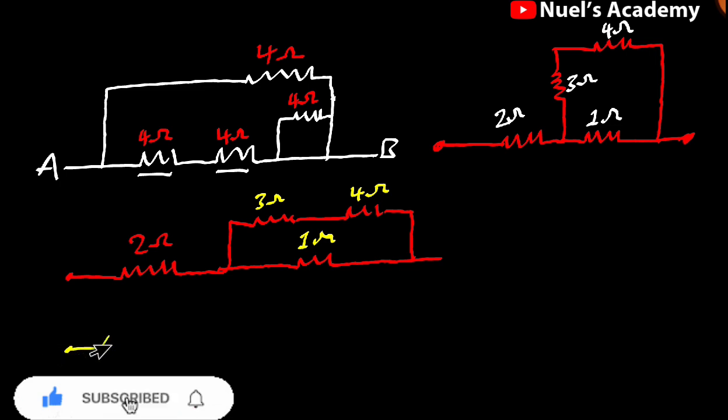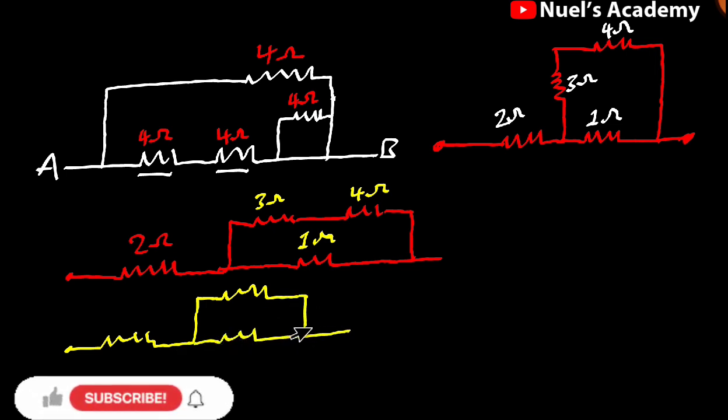So if I redraw this, here is going to be 7 ohms, then here is going to be 2 ohms, and here is going to be 1 ohm.